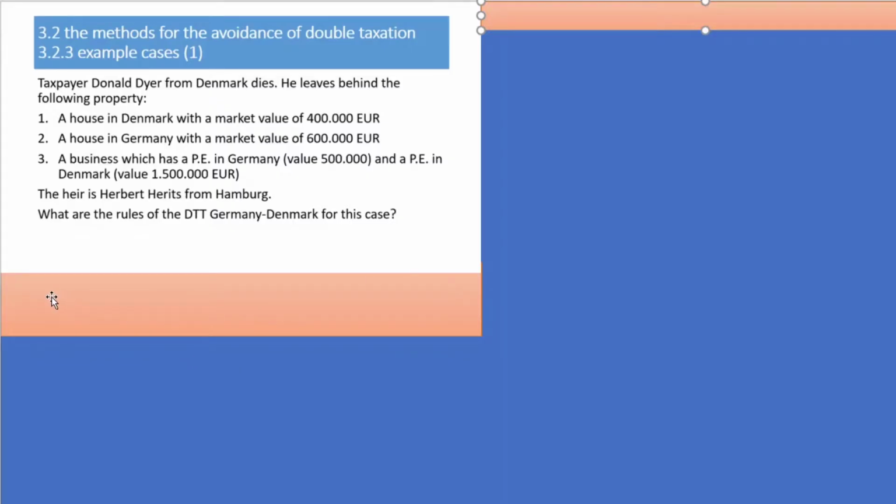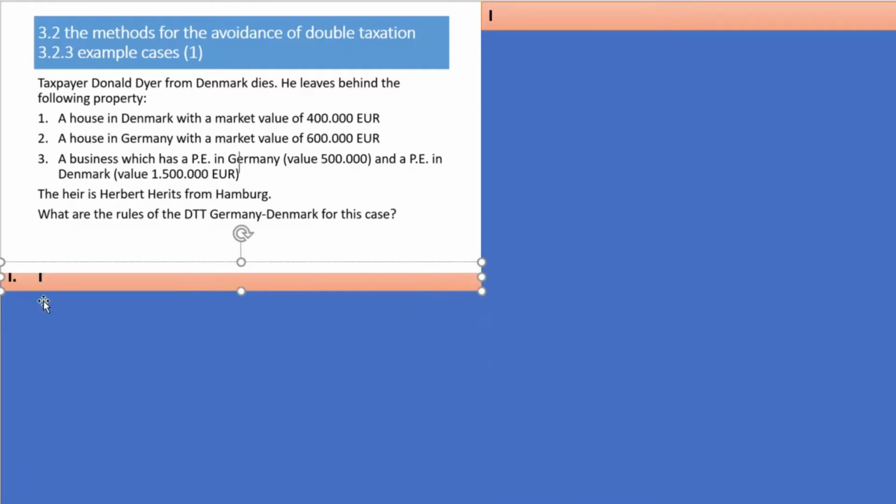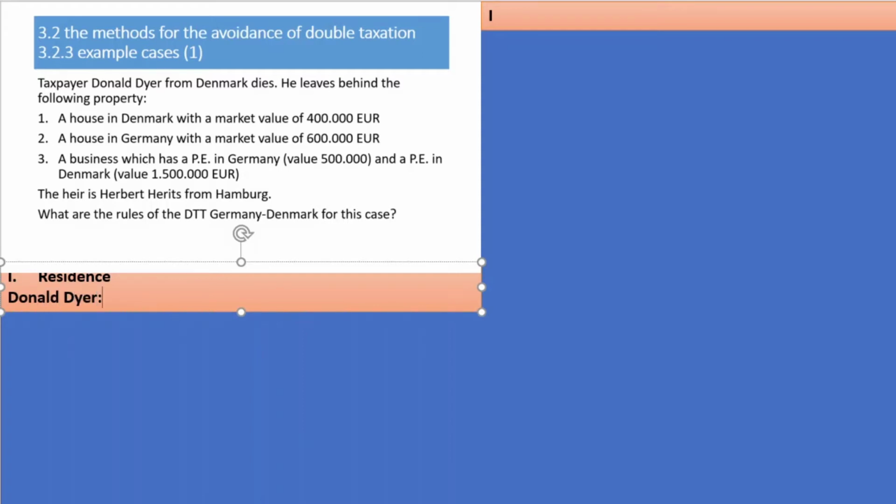Okay, so first we will have to look for the residence of the people involved. So this will first be Donald Dyer. And we will have to look to Article 4, and probably Article 4.1, but there were letters, and so we should look that up to find the right one.